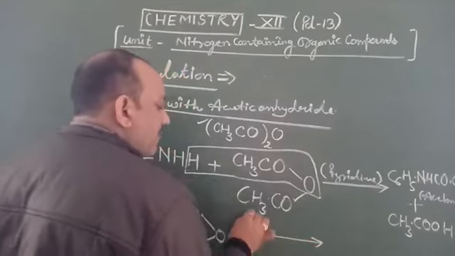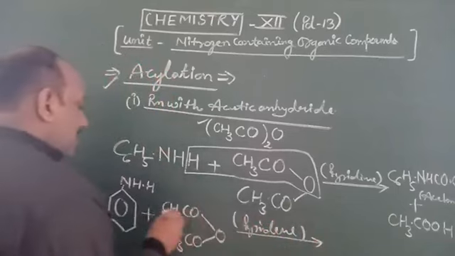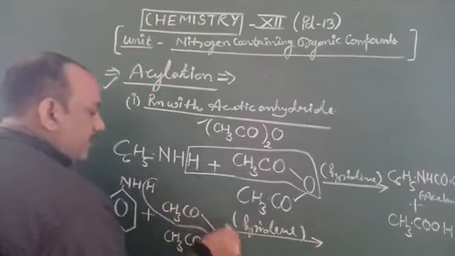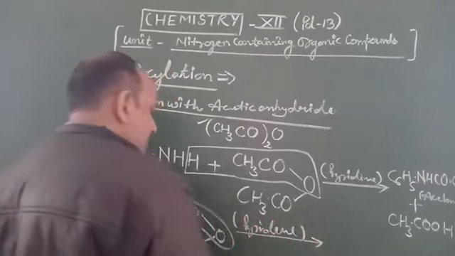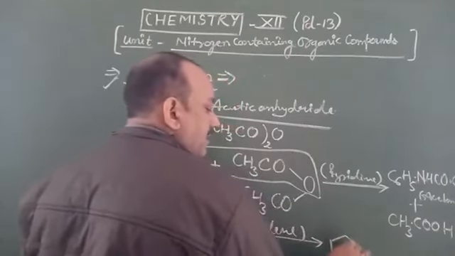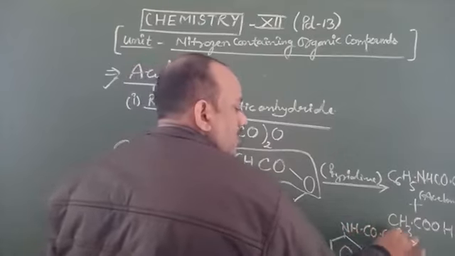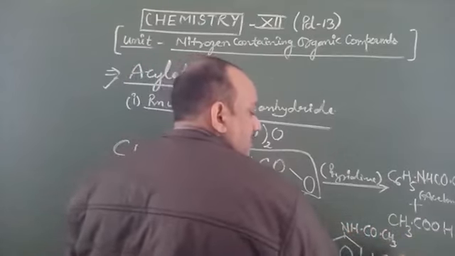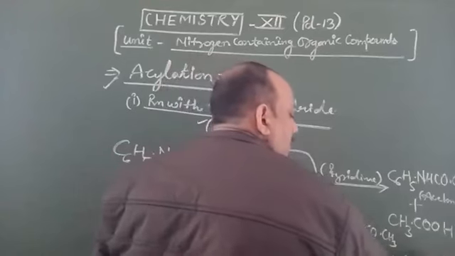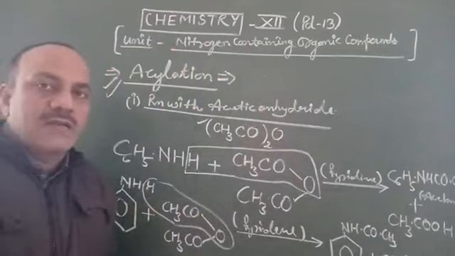In the presence of pyridine, it subtracts a molecule of acetic acid and makes acetanilide, C6H5NHCOCH3, plus CH3COOH. So this reaction is known as part of acylation.